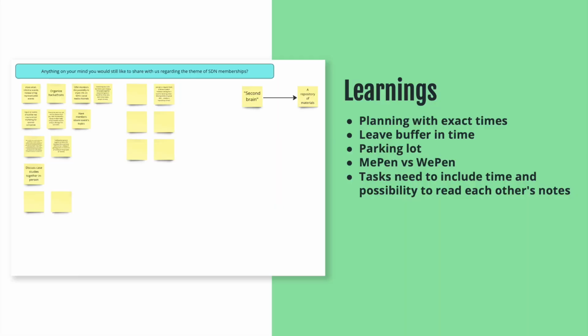So depending on the time where we were in the end, we could choose which one. We also learned that our participants asked for a parking lot that they could have afterwards, so that they continue adding ideas there. They were very good ideas, and they wanted to have this parking lot.